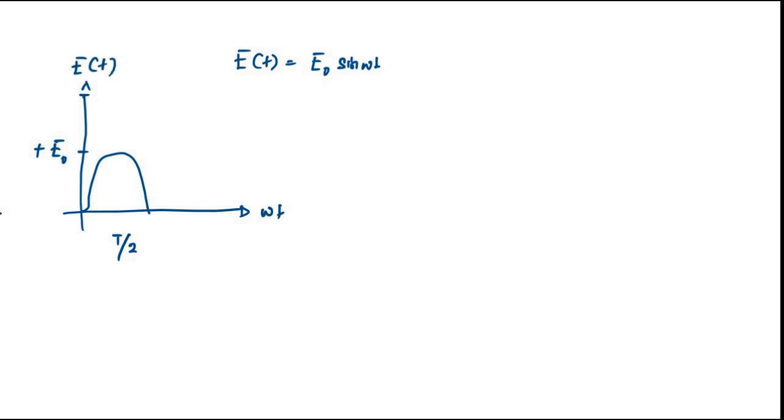We have to determine a particular steady voltage or DC voltage which would send the same amount of charge through the circuit as is sent by this AC voltage over half cycle.